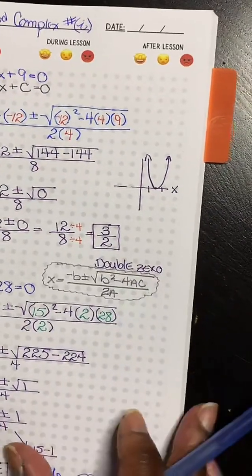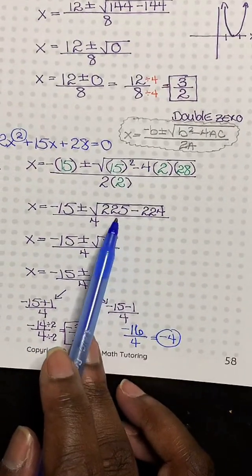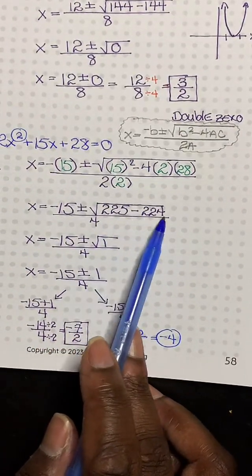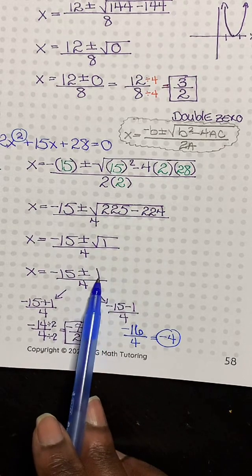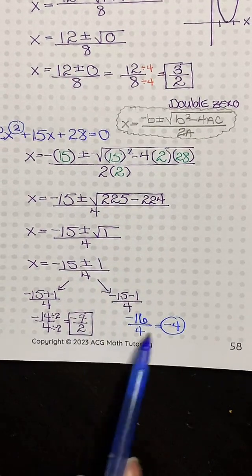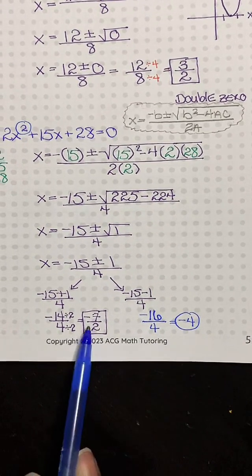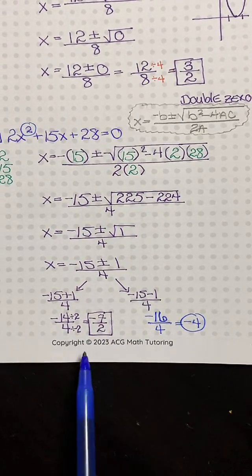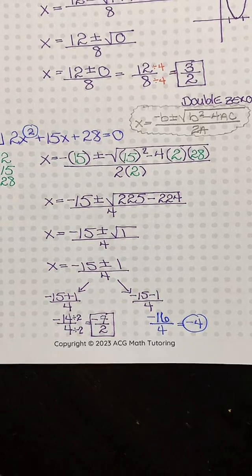Then underneath this radical, we had 225 minus 224, which gives me 1. The square root of 1 gave me a positive 1. So if it gives me a positive answer, I'm going to have 2 real solutions, which we do. Negative 7 halves, that's a real solution. And negative 4, that's a real solution.